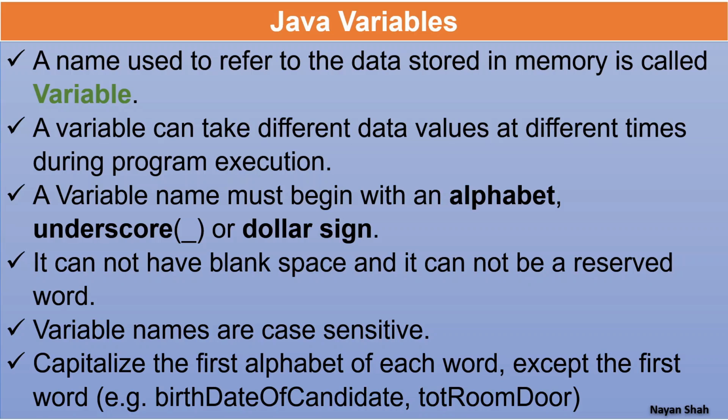Similarly, totalRoomDoor. Total is the first word, so it is in small letter. Room is another word, so capital R, and Door is another word, so capital D, but no blank space is allowed. You can even use another method where you separate the words by underscore: birth_date_of_candidate. Similarly, total_room_door. You can follow any one of these methods.